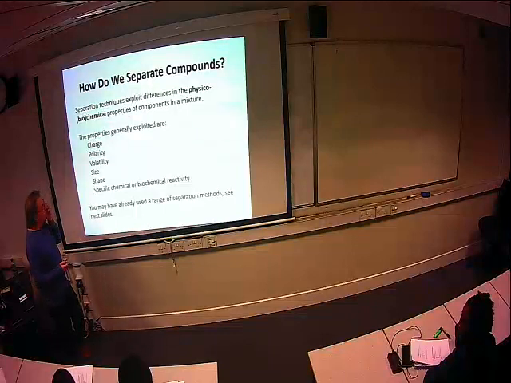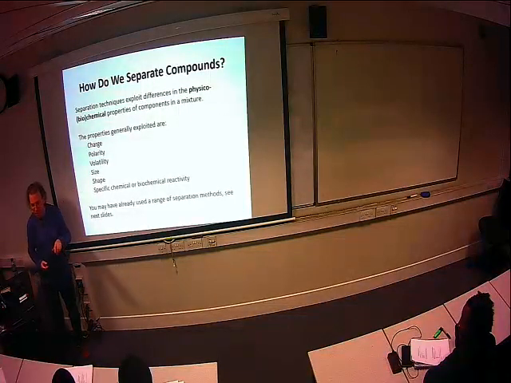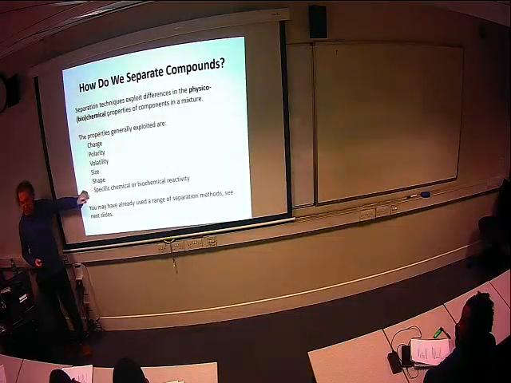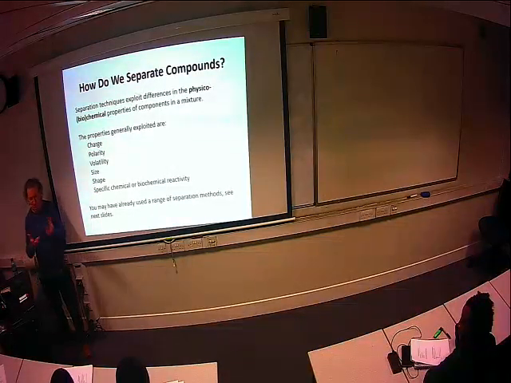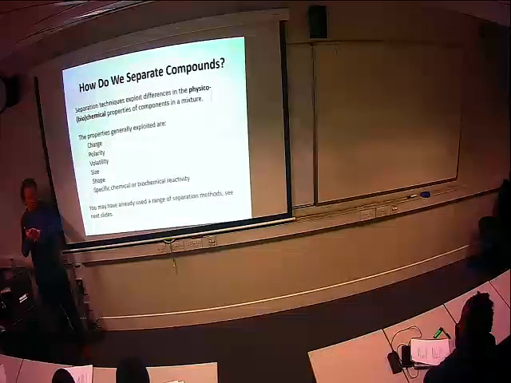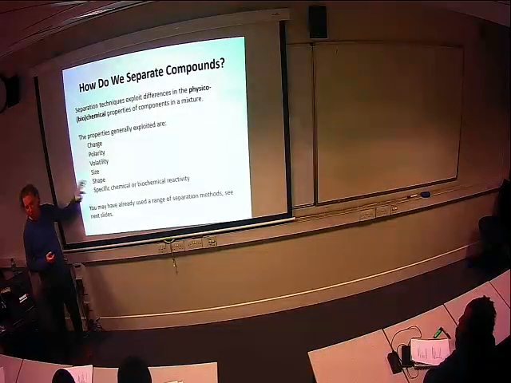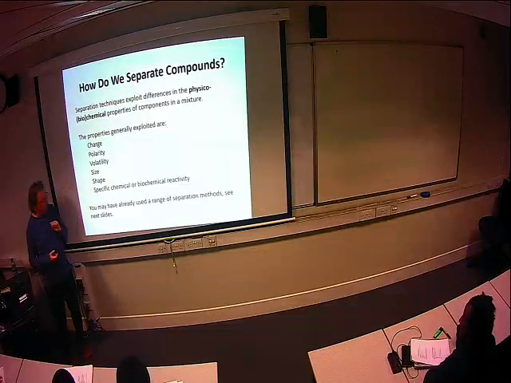Also the shape of the molecule, which is tied up with the final entry here. A particular shape of a molecule can be recognized by a specific binding interaction with another molecule, and that can depend on the three-dimensional shape of the molecule.